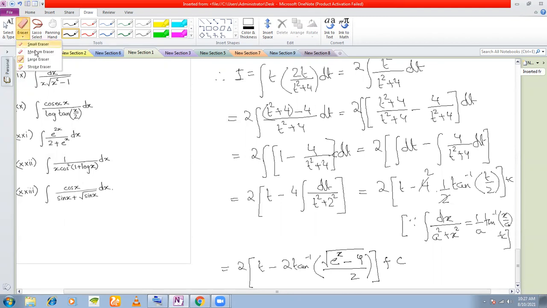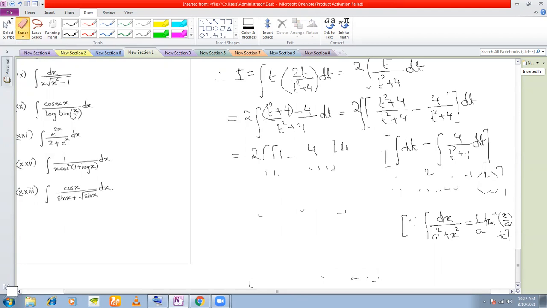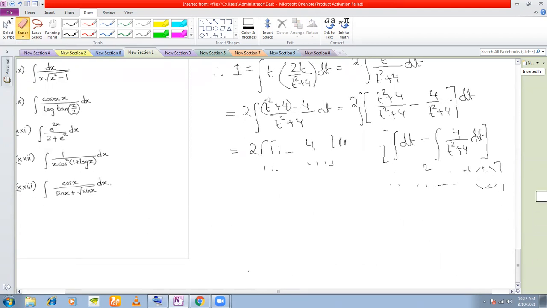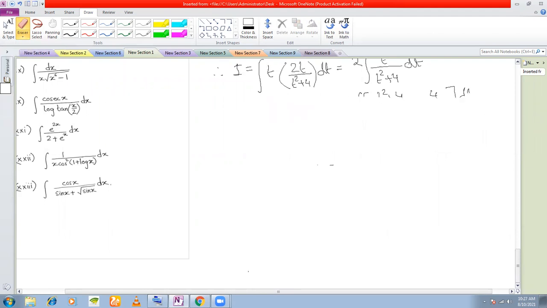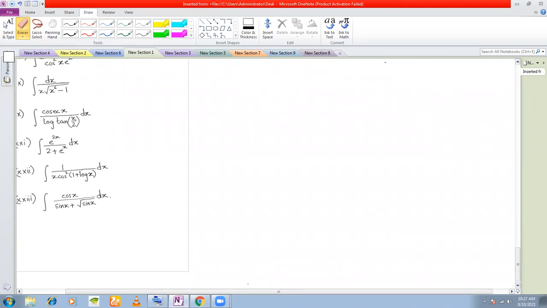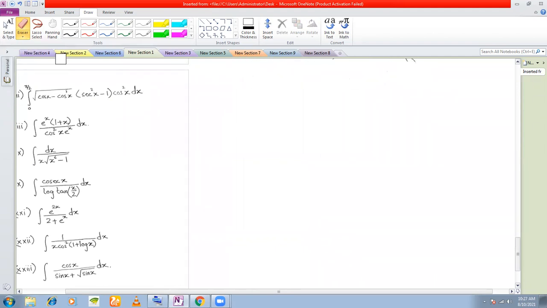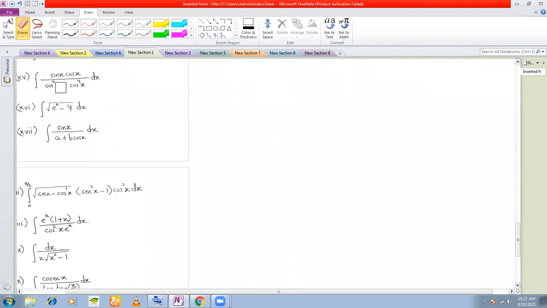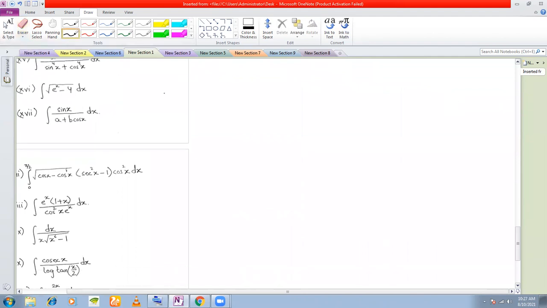Moving on to the next one. This is number 17. I is equal to integral sine x divided by a plus b cos x dx.